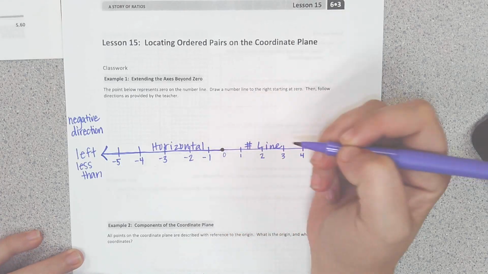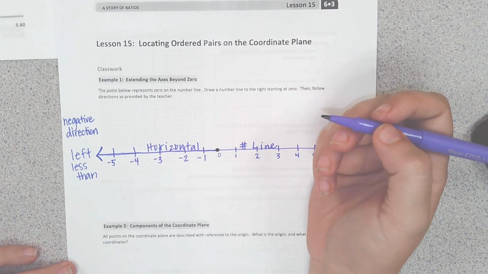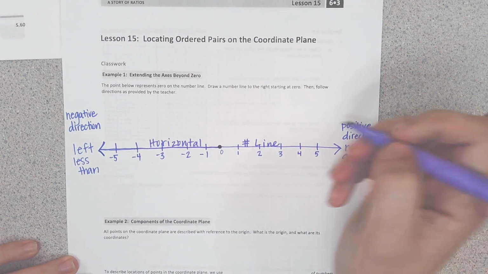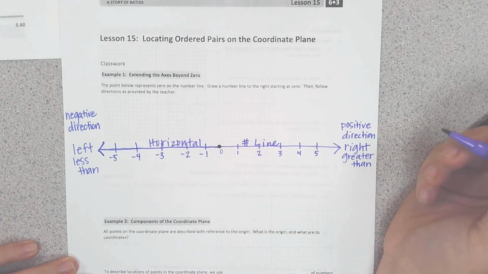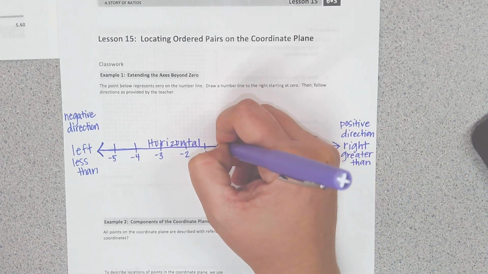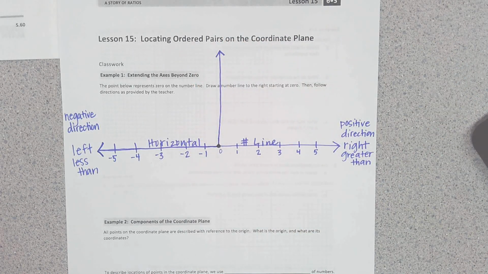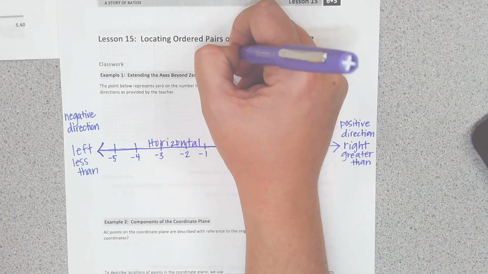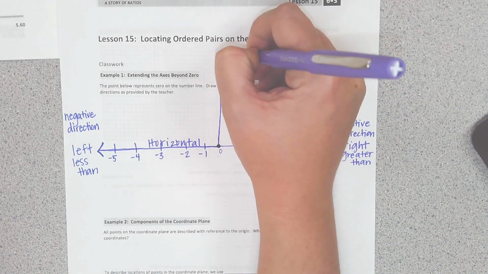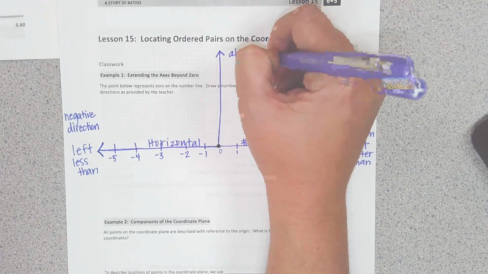Vertical. Well, let's first go in a positive direction. Which way am I going to go for a positive direction? For a vertical. Above, up. So I heard above. I heard up.